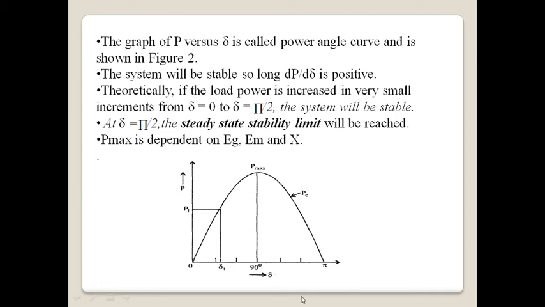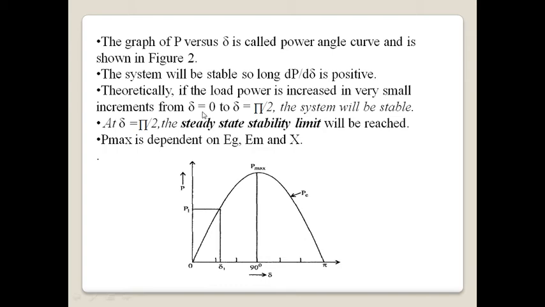So this is our unstable region. After 90 it is the unstable region, 0 to 90 is our stable region. The slope is positive till then and the system is stable. Here the slope is negative, so the system is unstable.